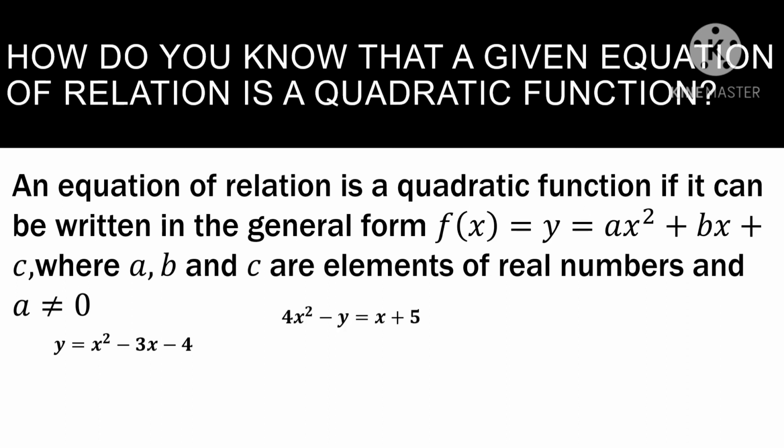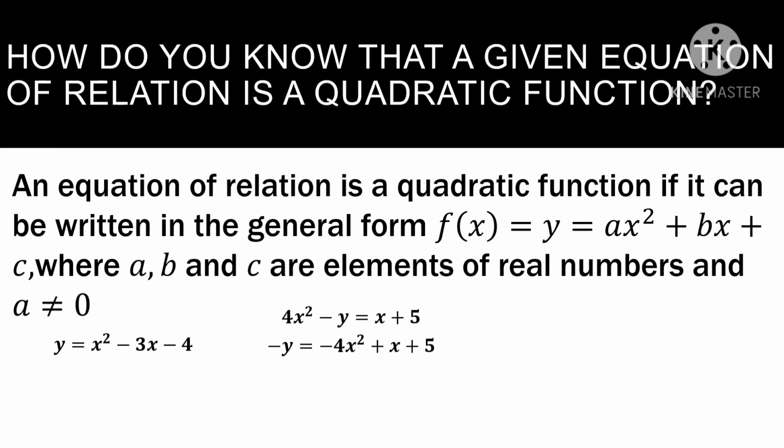How about this one? 4x squared minus y equals x plus 5. Okay, so this is also an example of quadratic function, but it's not written in general form. If you want to write that in general form, we have to transpose 4x squared to the right side.